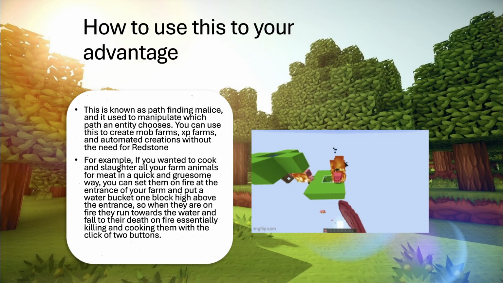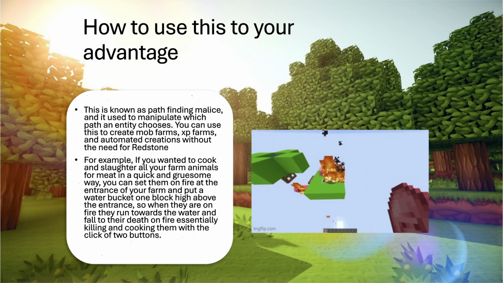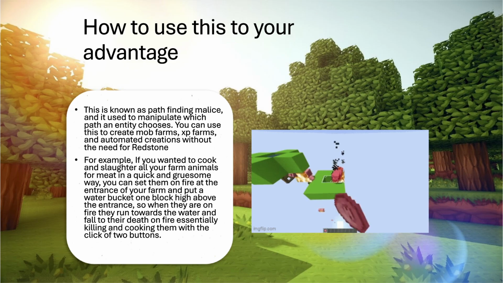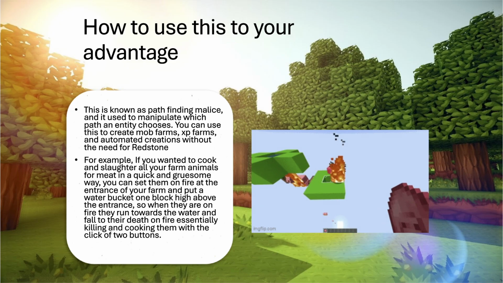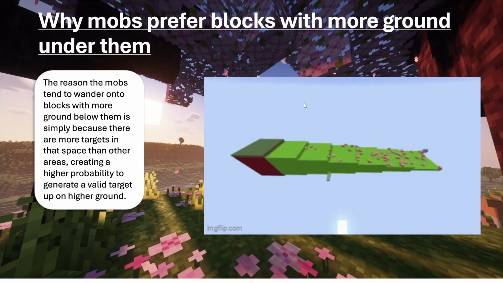And you can make this into a farm, basically. You can farm your pigs like this. It's kind of brutal, but this is a way you can use pathfinding to your advantage to get cooked porkchop if you really wanted to, or just an XP farm for enchanting books. But it's interesting. Yeah, you can use it to your advantage if you want.